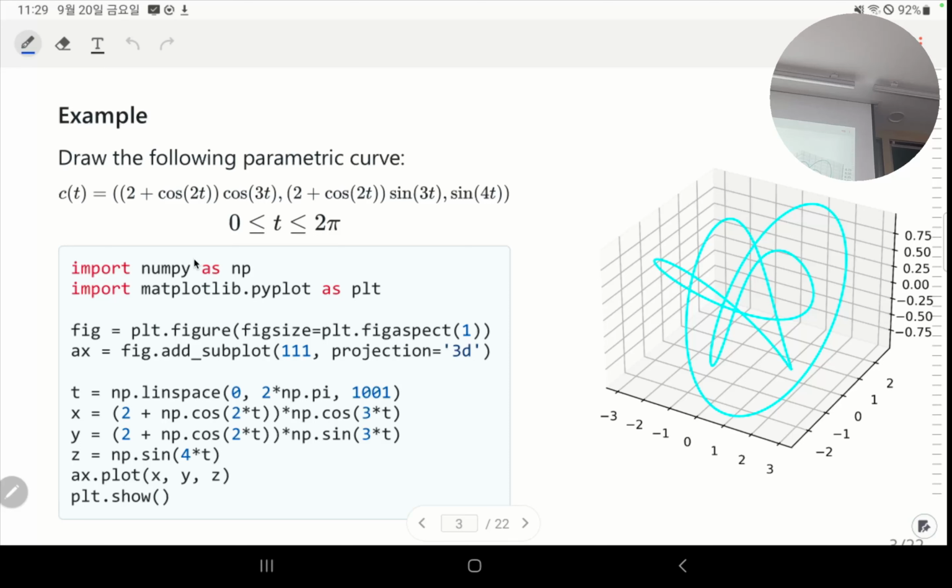But what I actually put into the plot is the list or array of x, y, and z values given by the array of t, based on the formula I have here, and plot x, y, z as a list of three-dimensional points. Then I get this plot. So I'm not going to do this again because it's already here.